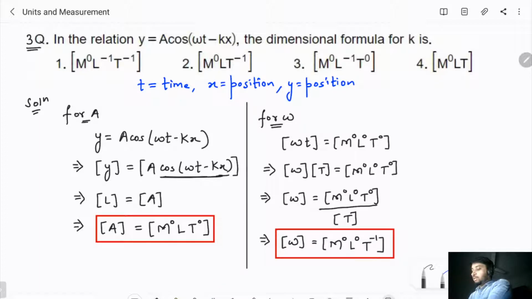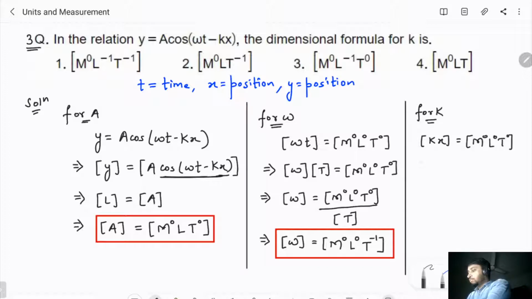In a similar way, we can find the dimensional formula for k. Again the complete term k into x will be dimensionless. The dimension of k is unknown, whereas the dimension of x is known, that is L. And here we have M to the power 0, L to the power 0, T to the power 0.